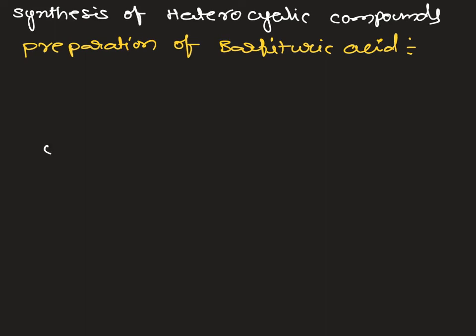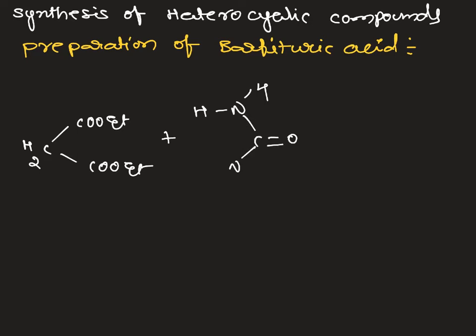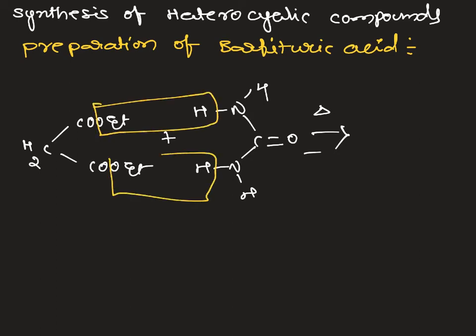Here malonic ester reacts with urea and undergoes a condensation reaction by elimination of a small molecule, in this case ethanol, minus 2 moles of ethanol, and which forms barbituric acid.